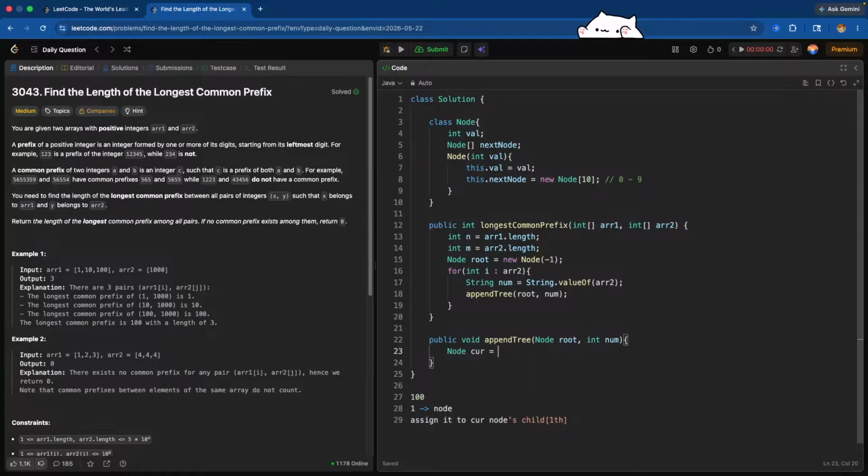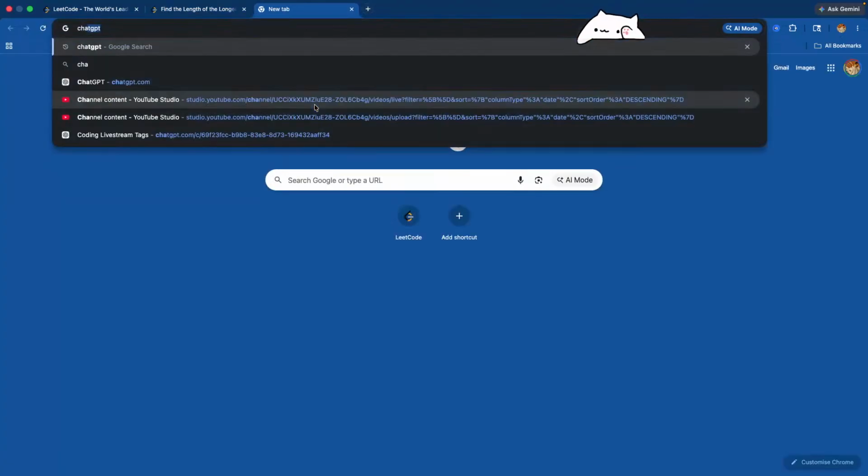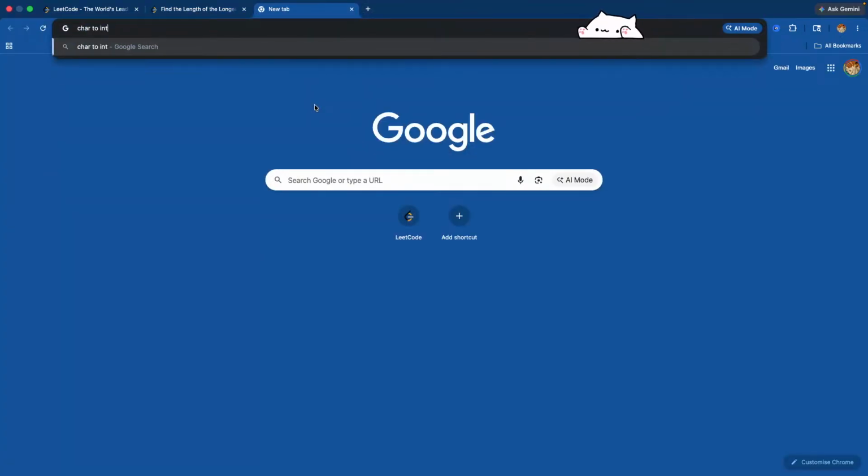Node current equals root, then for char c in nums. How to convert a character into a string? Sorry, an integer.